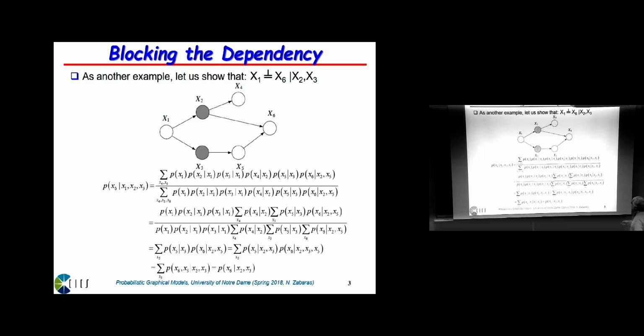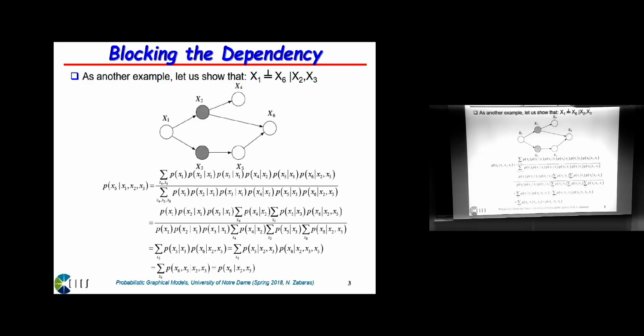So effectively, we need to prove that the probability of x6 given x1, x2 and x3 is equal to the probability of x6 given x2 and x3. In other words, knowing this evidence, the information of x1 doesn't tell me anything new about x6.